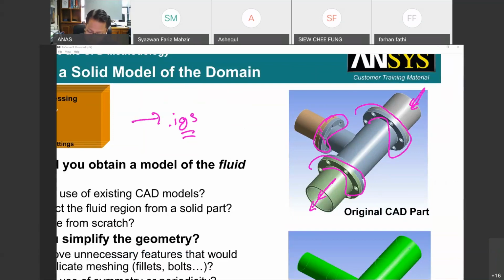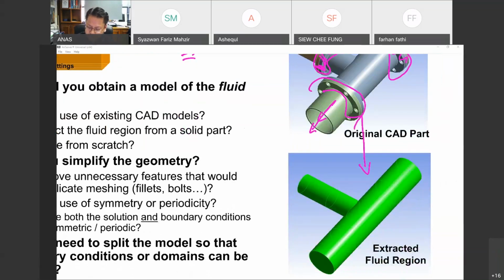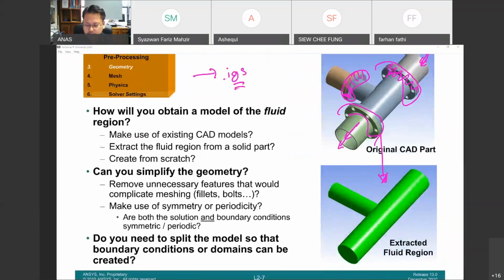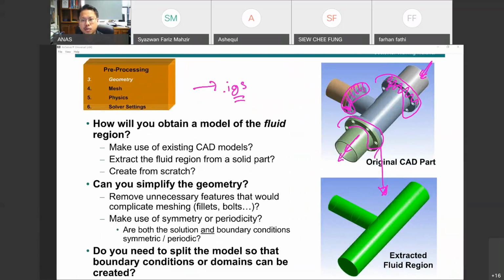So all these, the screws, the nuts, they are not relevant to your study. So it can be simplified to something just like this, a simple cylinder. So understand what can be simplified. I think that's why you should take your time, look at your problem, and then look at your geometry. How can you simplify it into something that can be exported into Ansys? Okay, all right.